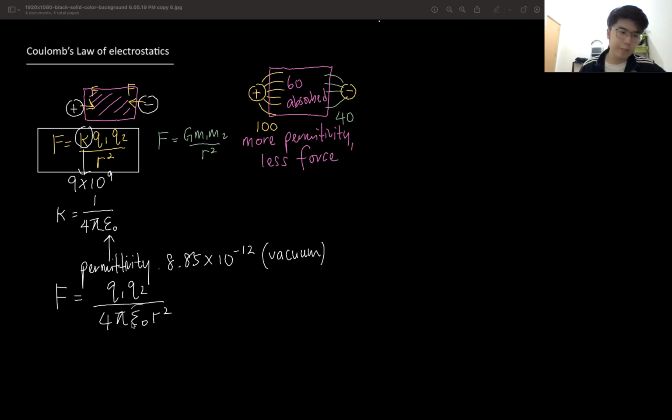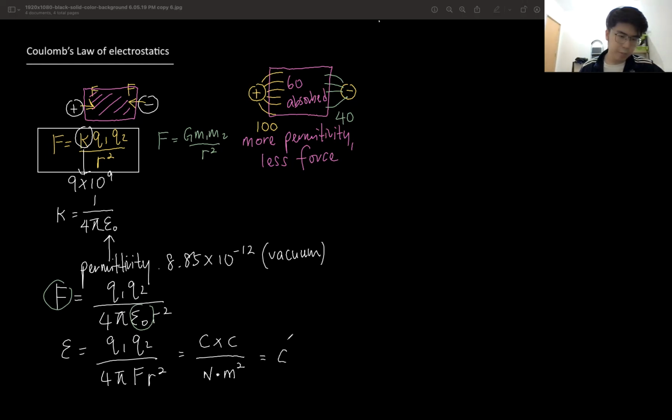Exchange places of this one with this one, and we get epsilon equals Q1 Q2 over 4 pi F R square. Then we change to units. This equals Coulomb times Coulomb over 4 pi Newton times meter square.